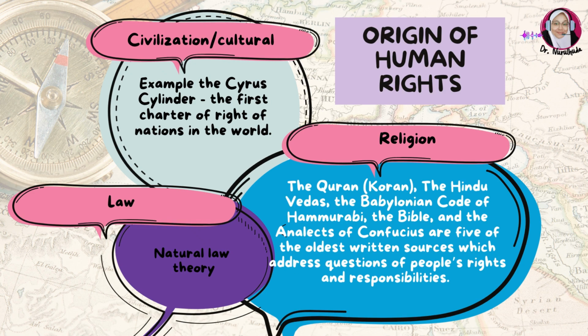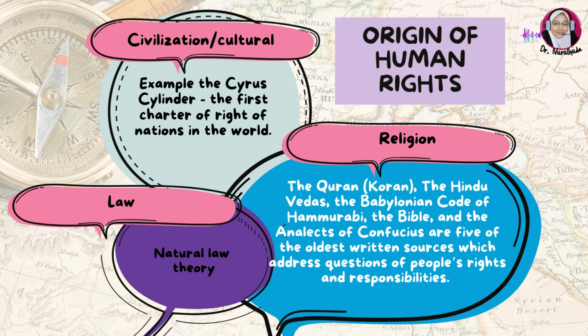So, where did human rights originate? The concept of human rights originated from various sources, be it civilization and culture, religion, as well as the law. For example, the Cyrus Cylinder, the first charter of rights of nations in the world.